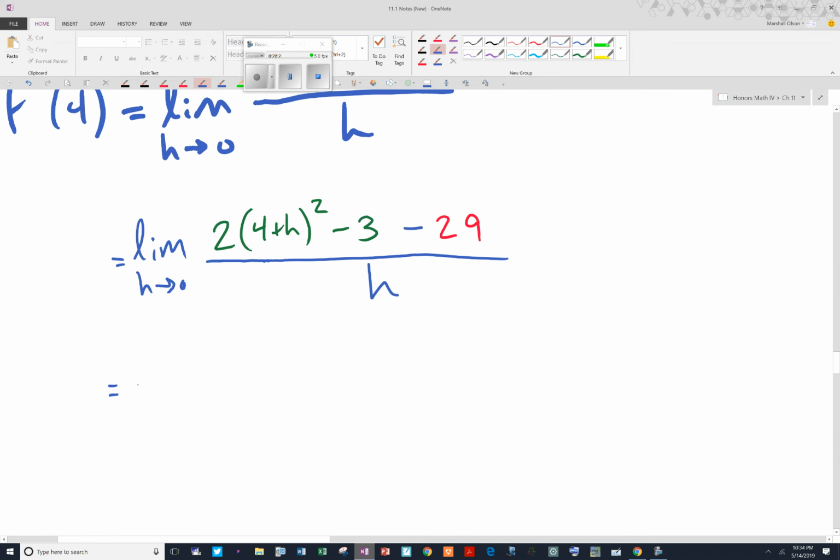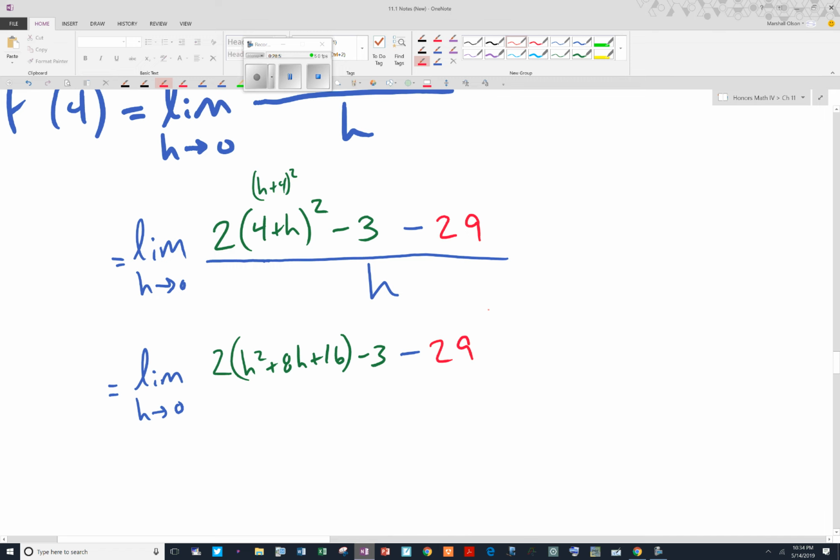In our next step, we need to FOIL out that green stuff, 4 plus h squared. My brain works better if I picture this as h plus 4 squared. I know it's h squared plus 8h plus 16, but that's being multiplied by 2. We have that minus 3, and that minus 29 still waiting at the end.